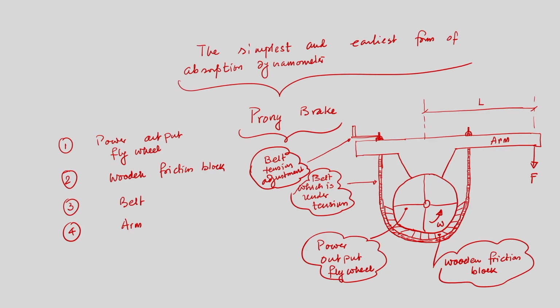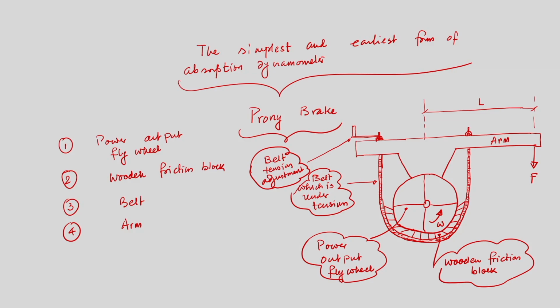We can see from the schematic that the force F is shown, and this force will be required to balance the load or power which is being produced. Knowing this force, we can estimate the amount of power and torque being produced. Now, we will discuss slowly the operational principle.